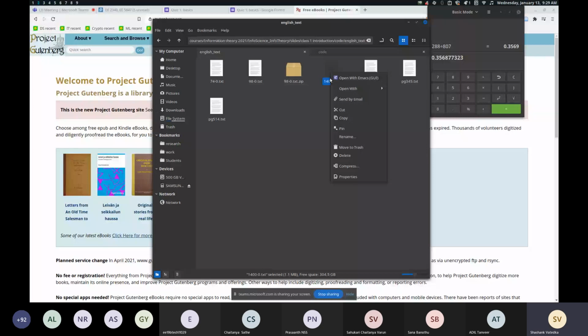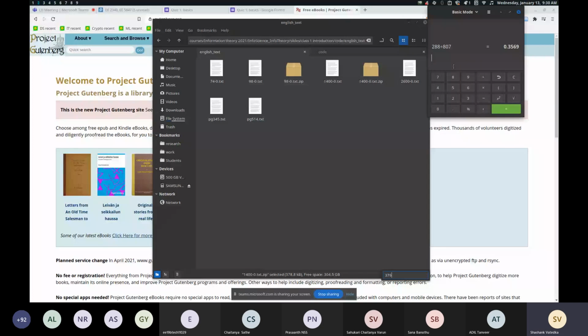The compressed file size is 379 kilobytes, whereas the original file size is 1.1 megabytes. So it's 379 divided by that, roughly 0.34.